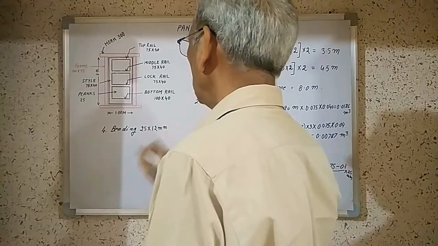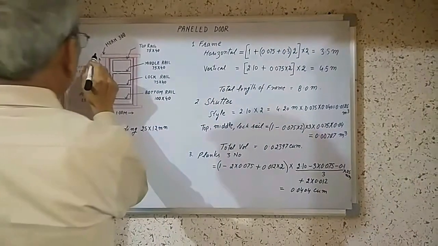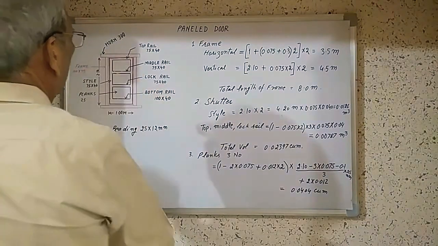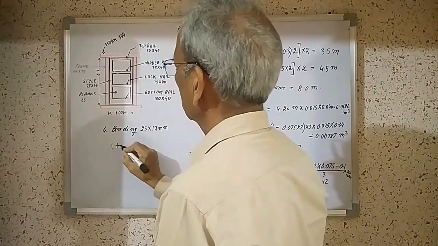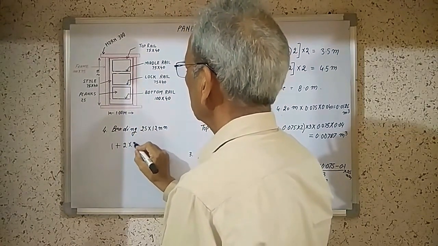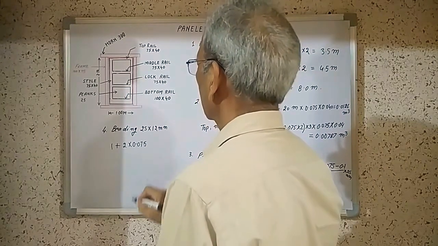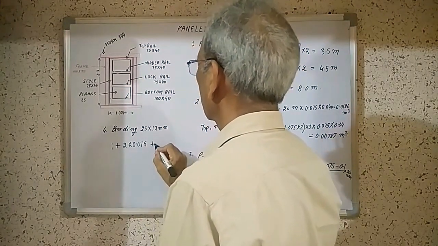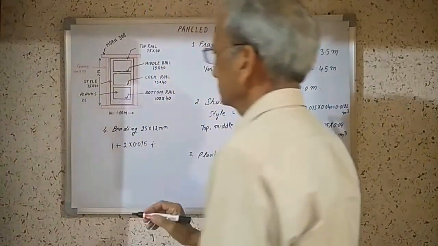Now the length of the beading will be one length here, that is 1 plus two sides 0.075, plus this vertical distance.